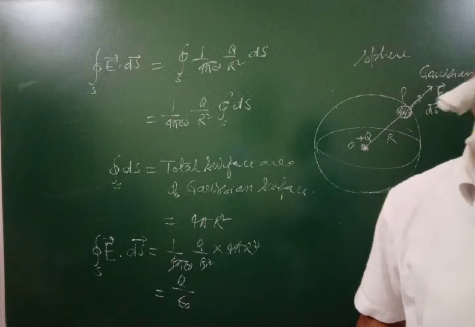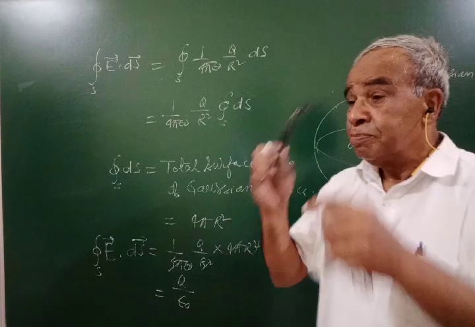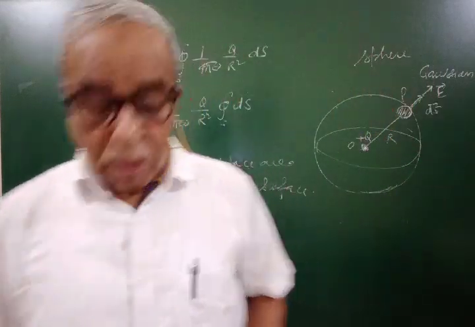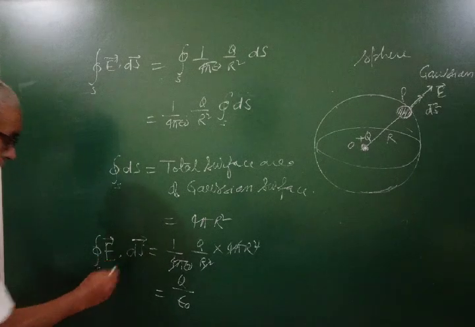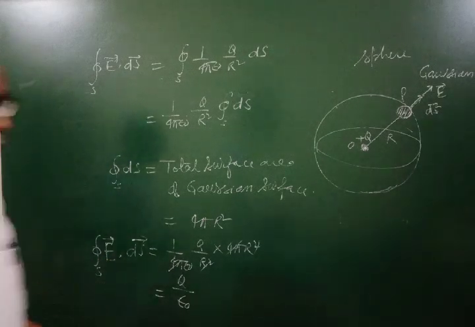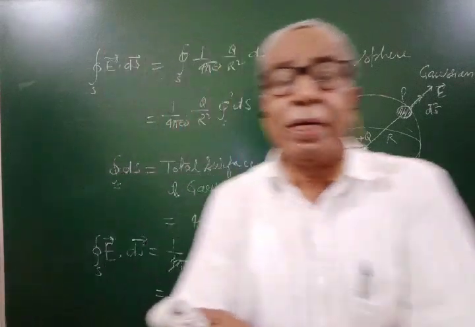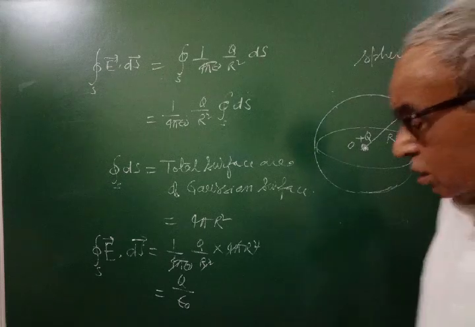Coulomb's law is taken here as a fundamental law which was derived empirically. ठीक है भाई? And you know E dot ds for a closed surface is also equal to the total electric flux through the surface. So we have proved this Gauss theorem.